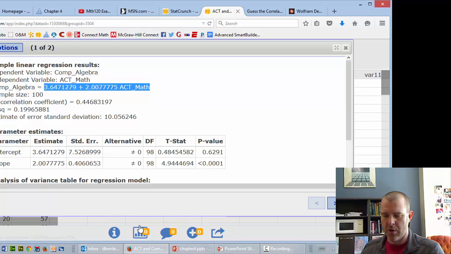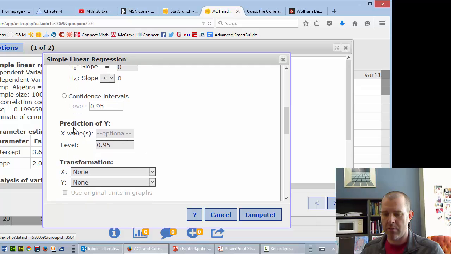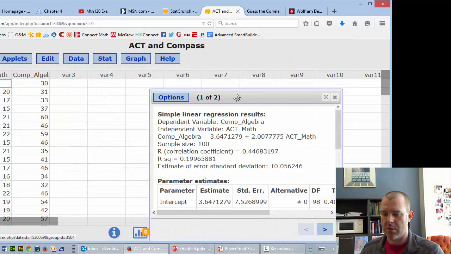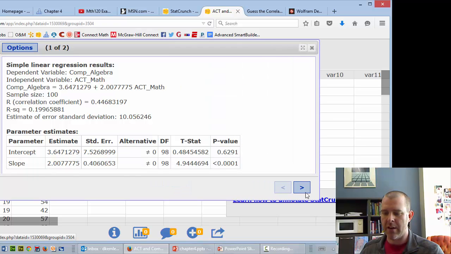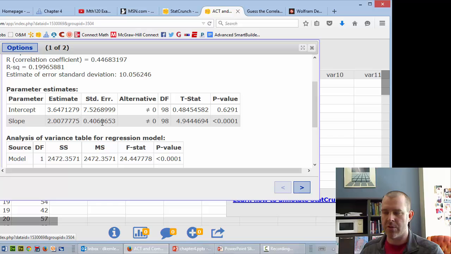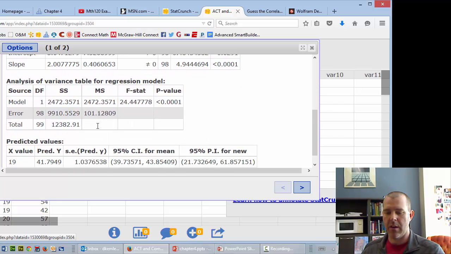I think we also wanted to do a prediction, so we can go back and edit this, and there was prediction. So what is the x value we wanted to predict? An ACT Math score of 19. We hit compute, and there should be more stuff in here. Kind of a lot of noise here for now. There it is.